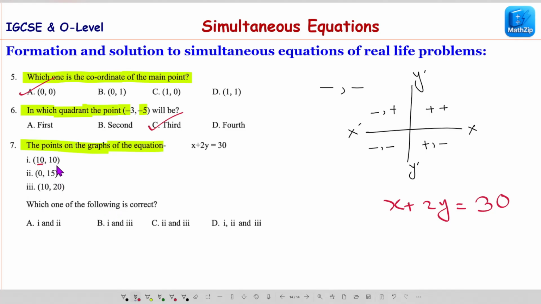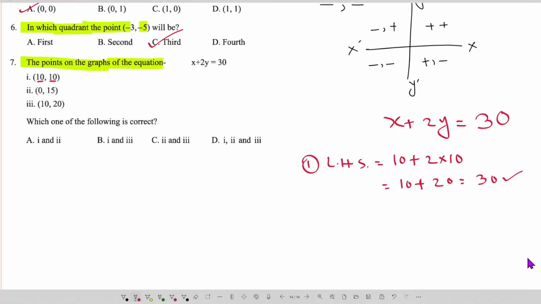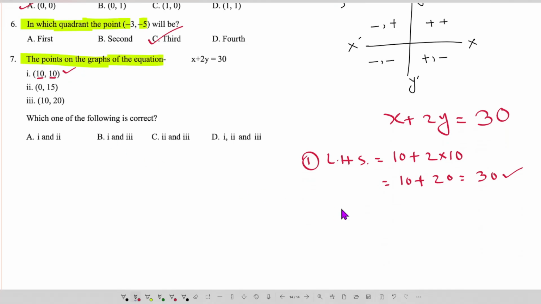Here x 10 and y 10. So first one, left hand side. So x is 10 plus 2 times y, which is 10. So 10 plus 2 times 10 is 20. So this is 10 plus 20 is 30. So this is okay. Number 1 okay.